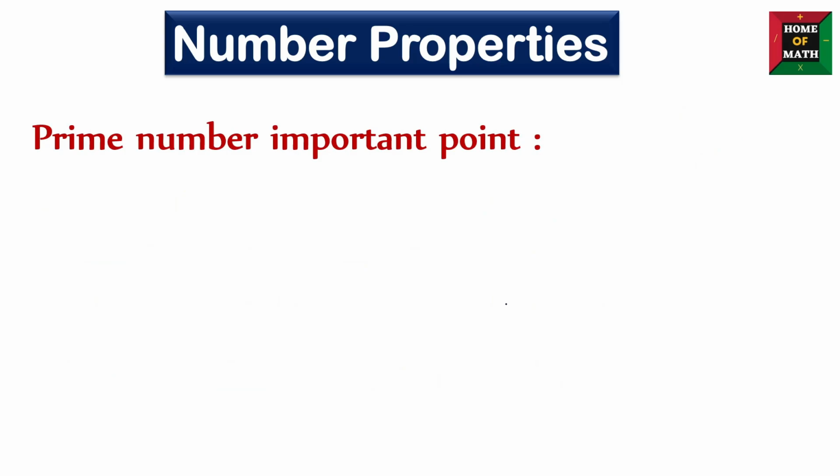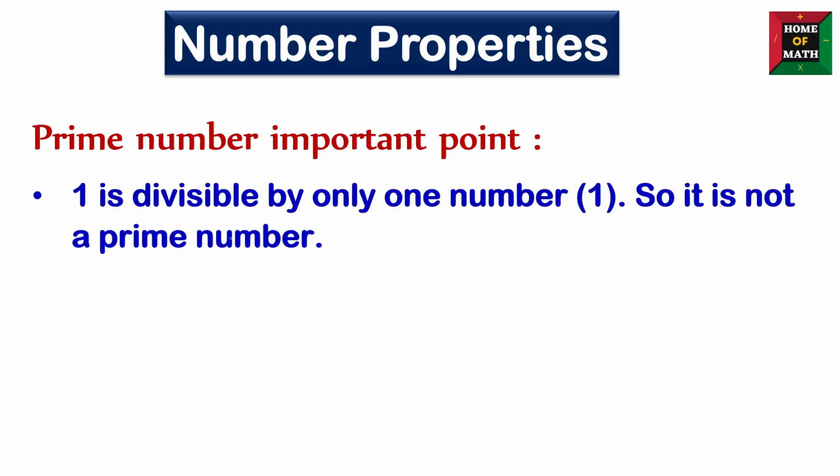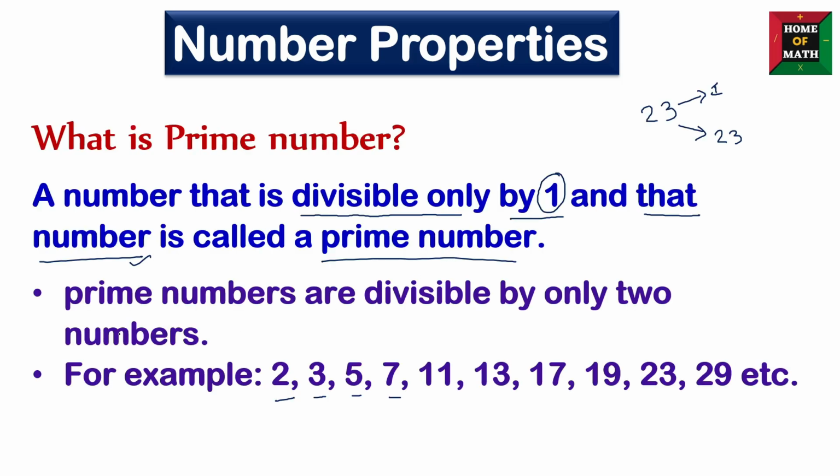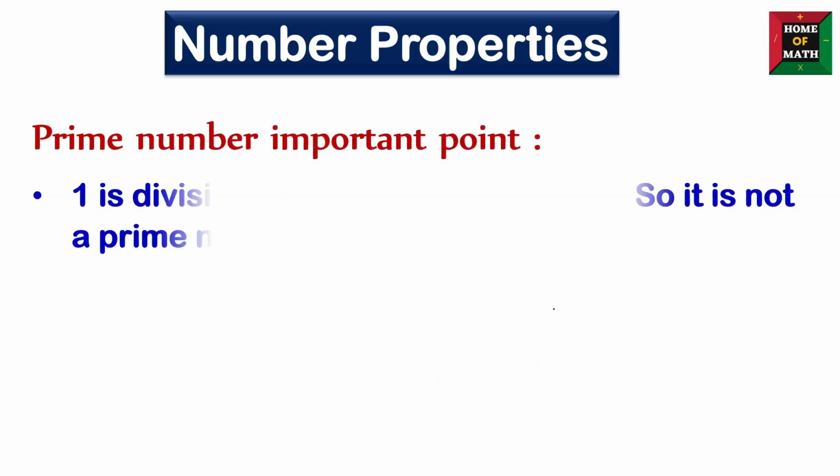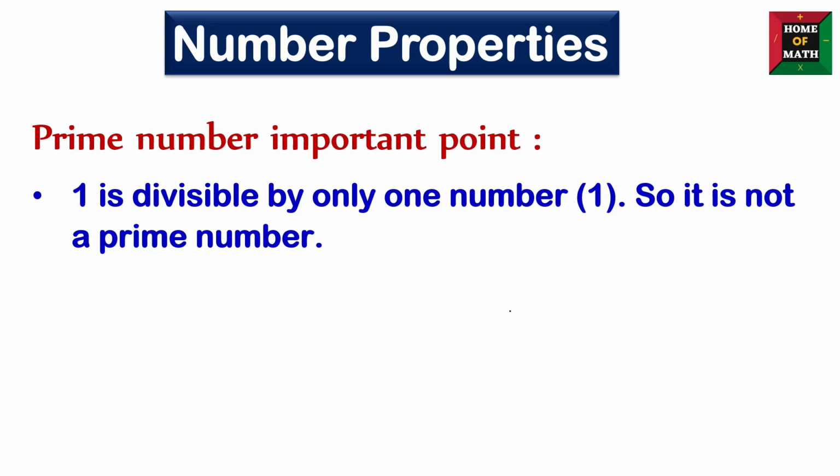Some important points. 1 is divisible by only one number, so it's not a prime number. In the previous slide we already learned that prime numbers are divisible by exactly two numbers, and this one is only divisible by 1, so 1 is not a prime number.